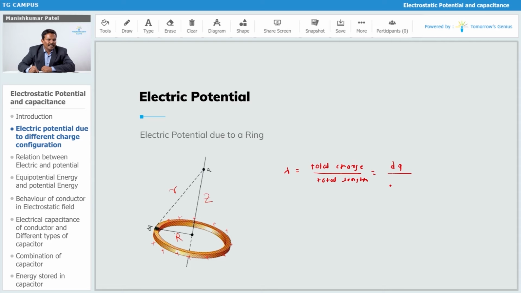So you can consider a small length, let it be dl.